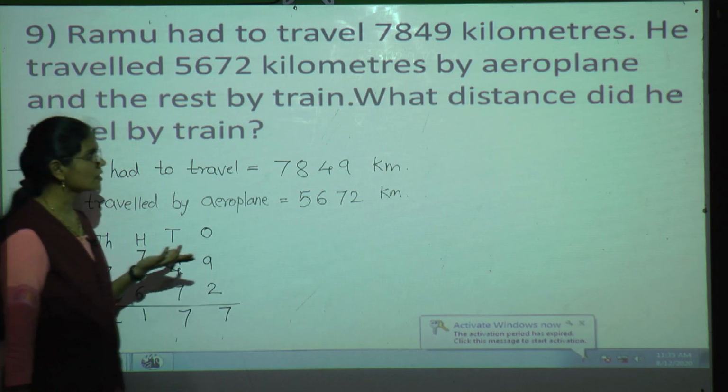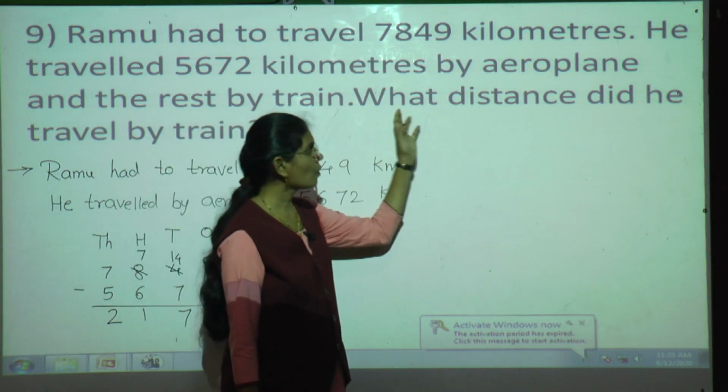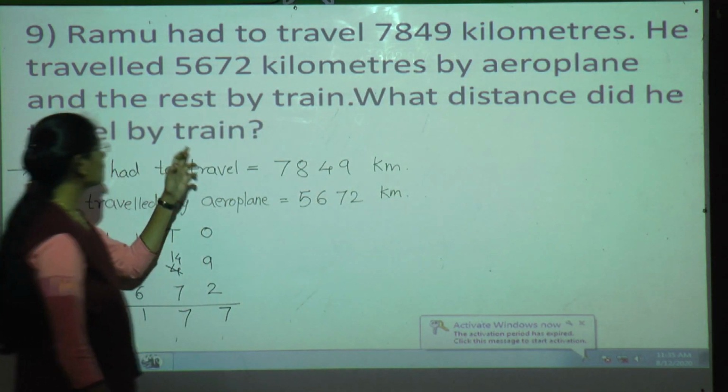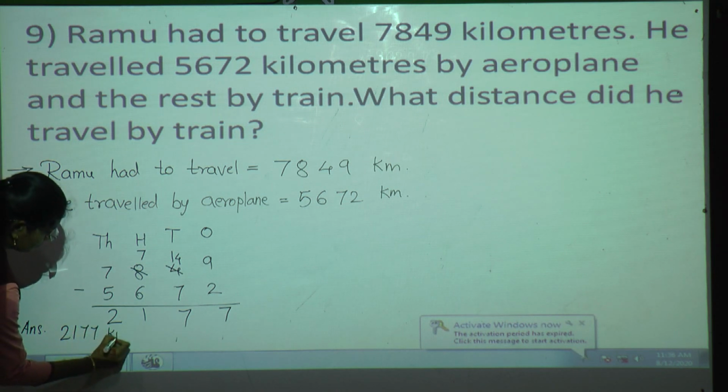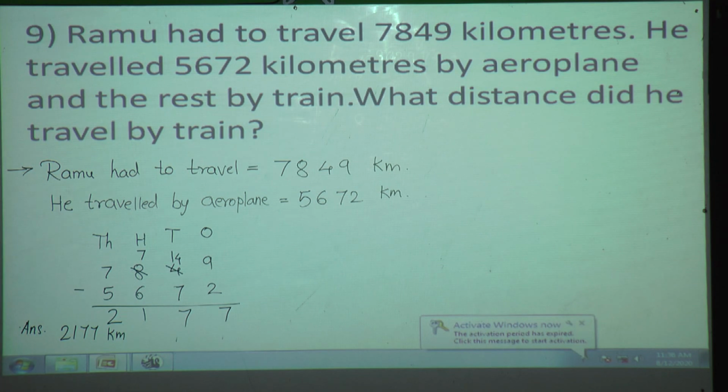How will you write the answer in the sentence? See the question: what distance did he travel by train? So what we will do? Just we will remove the question word, that is what, and instead of that word we will put the answer. Okay, so how will you write? 2177 kilometer he traveled by the train.